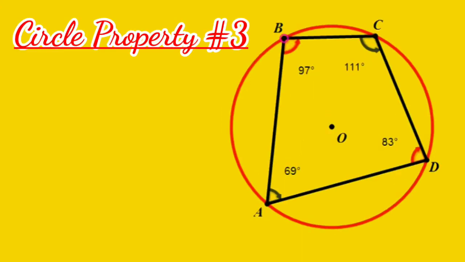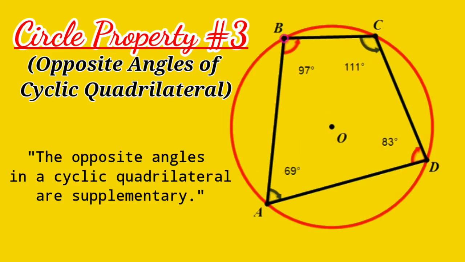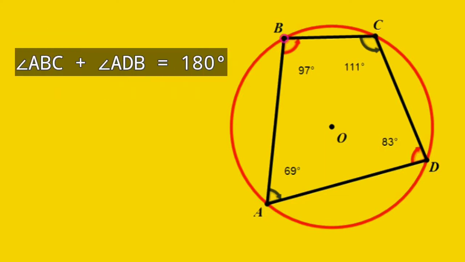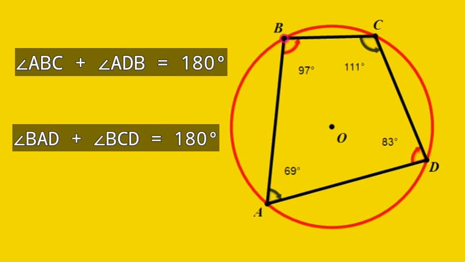Next property is the opposite angles of cyclic quadrilateral. It states that the opposite angles in a cyclic quadrilateral are supplementary. In this figure, we say angle ABC and angle ADC are supplementary, and angle BAD plus angle BCD equals 180 degrees.